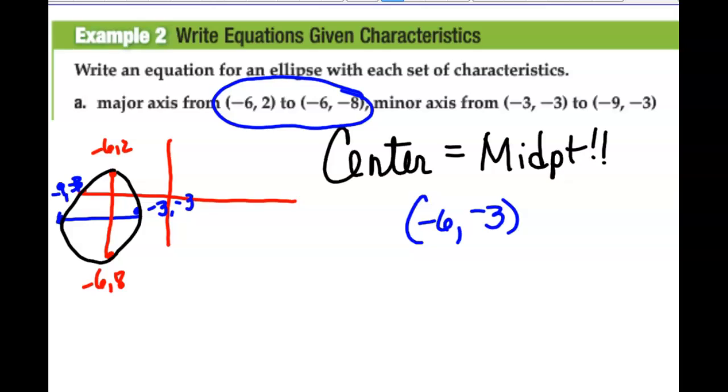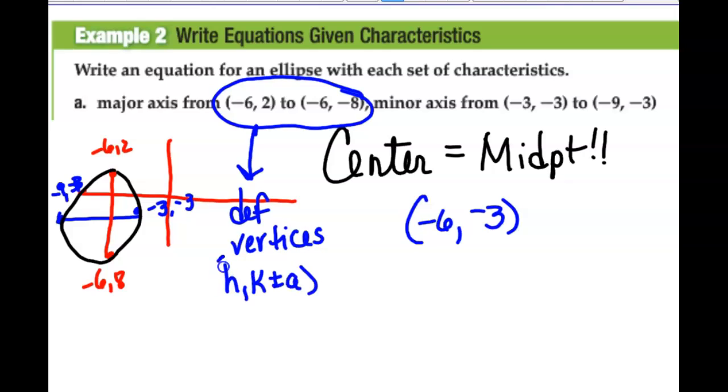Anybody have a definition of A we could use? I can tell you conceptually, but let's not worry about that right now. What is the definition when it's longer up and down? Look on your sheet. When it's longer up and down, what is the definition or recipe for the vertices? All right, so what numbers do we know right now?